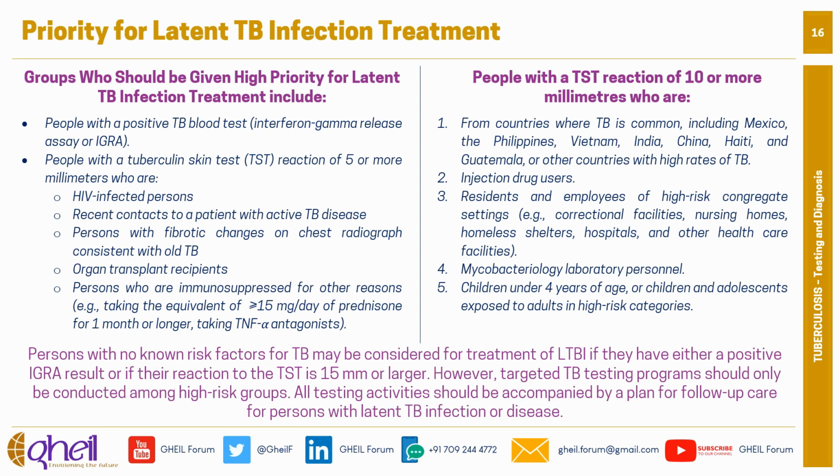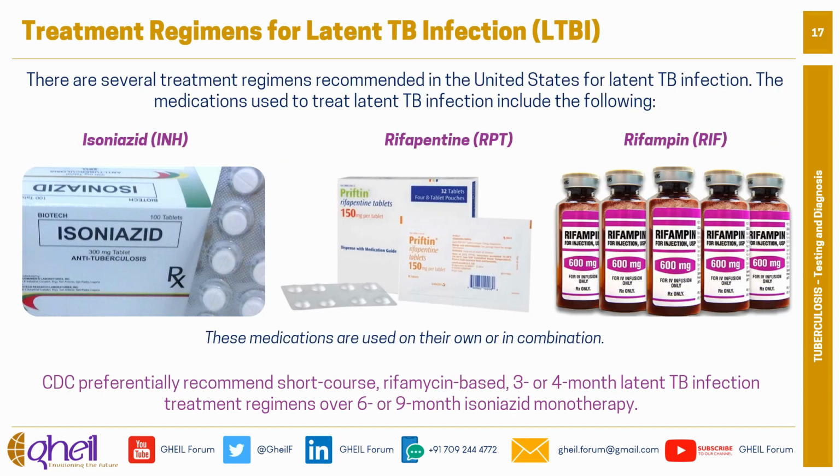Healthcare providers should prescribe the more convenient shorter regimens, when possible. Patients are more likely to complete shorter treatment regimens. Treatment must be modified if the patient is a contact of an individual with drug-resistant TB disease. Consultation with a TB expert is advised if the known source of TB infection has drug-resistant TB.